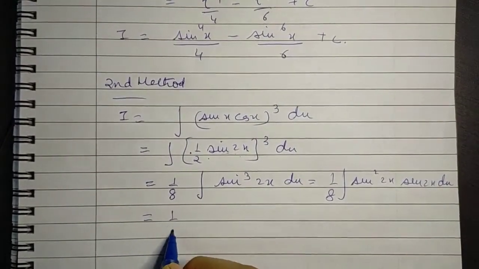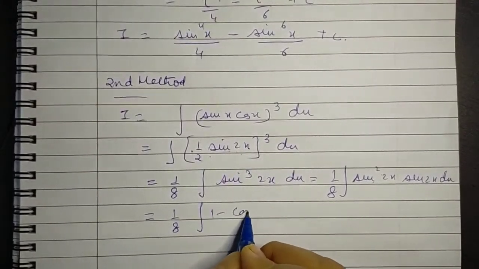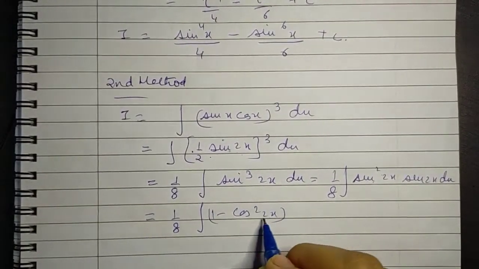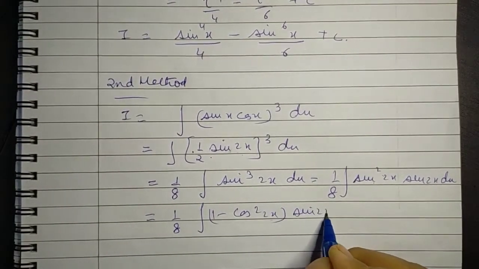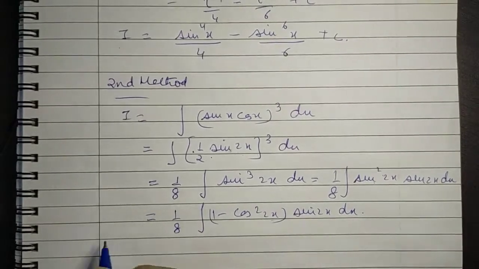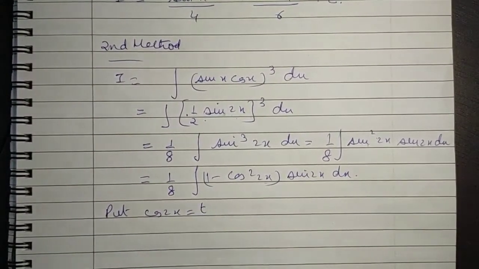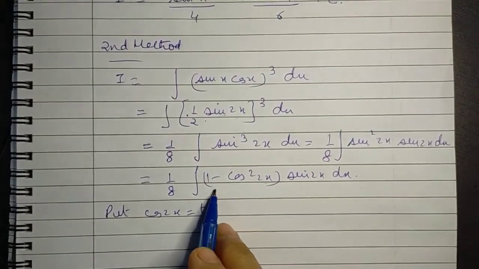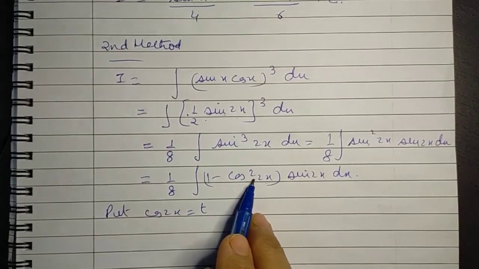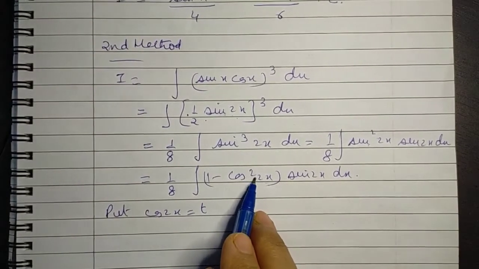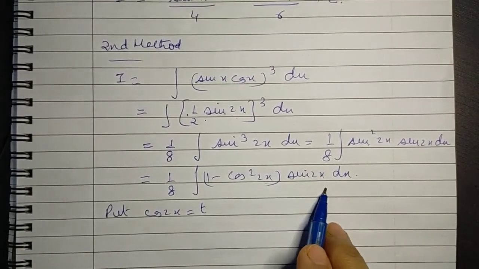This can be written as 1 upon 8, and in place of sine squared I can write 1 minus cos squared 2x. Reason being, if I put cos 2x as t, sine 2x dx will be dt. Now put cos 2x as t. Here we won't put 1 minus cos 2x as t, because then the square will create a problem and we will not get this absorbed in the dx.